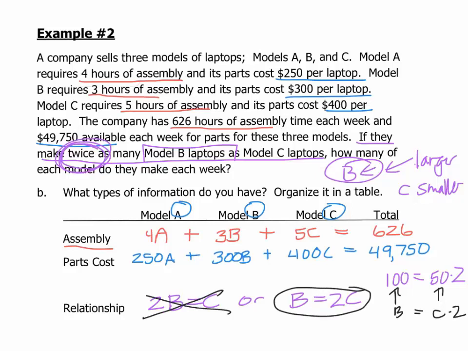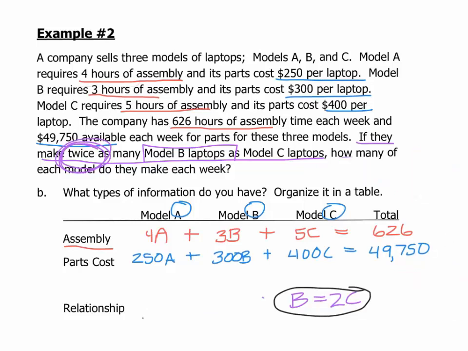Now remember, we're going to need to put this in an augmented matrix, and so we need to write this so that all my variables are on the left side of my equation, and I just have a number on the right side, just like I have in these first two equations.